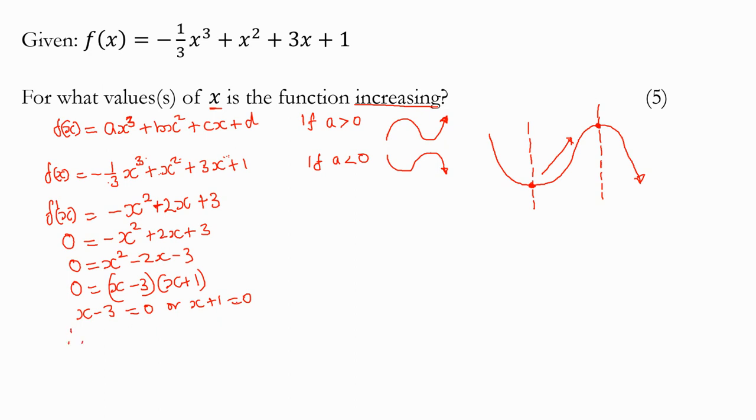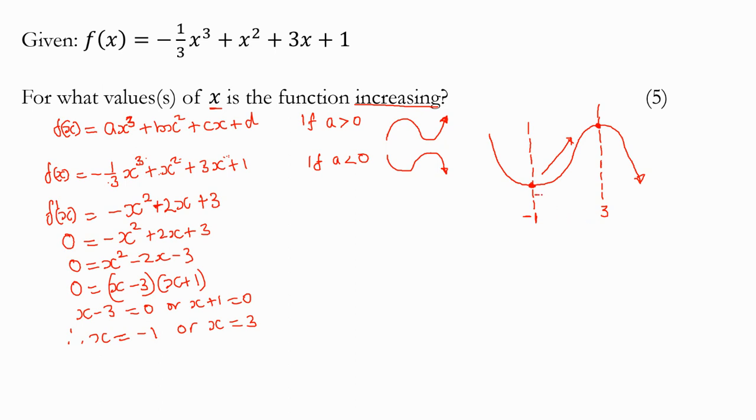Therefore, let me start with the smaller one: x is equal to -1, or x is equal to 3. These are the x coordinates of the turning points. So here x is equal to -1, and x here is 3.